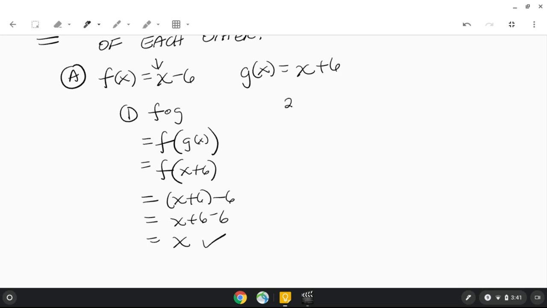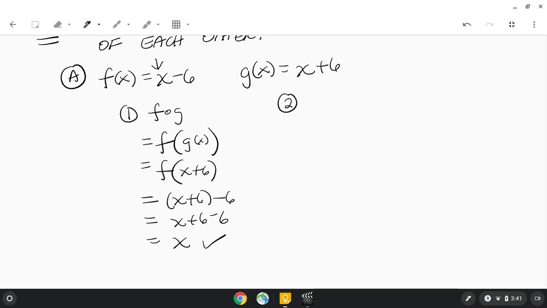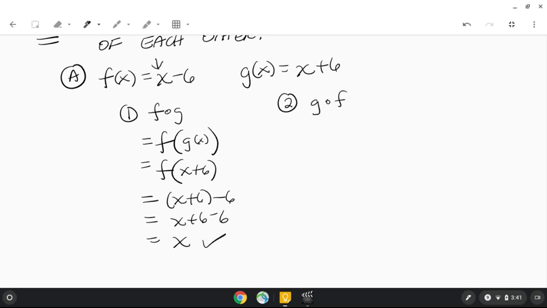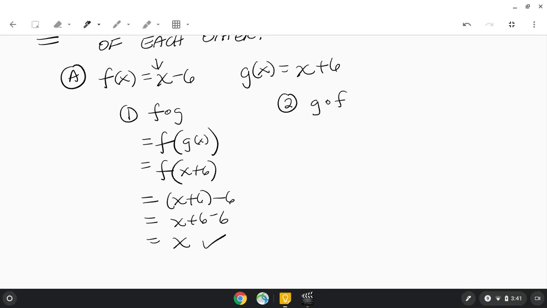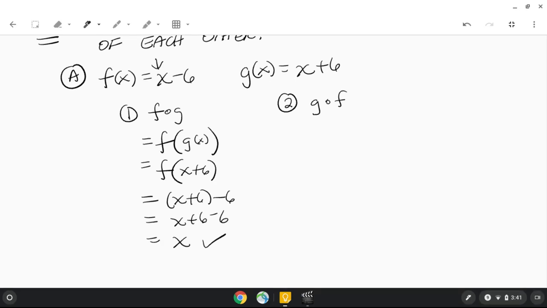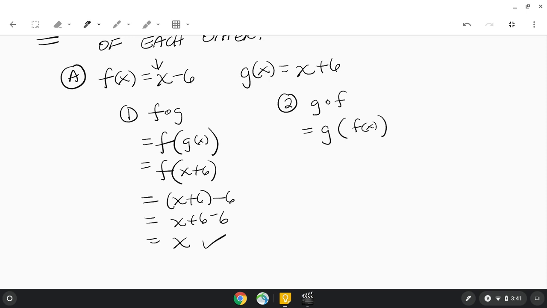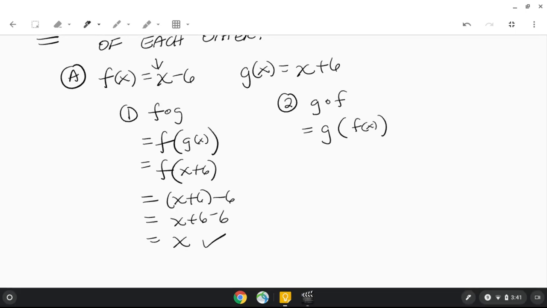Now I need to do the second part. I need to show that G circle F also equals x. G circle F means G of F, and G of F means G of x minus 6.